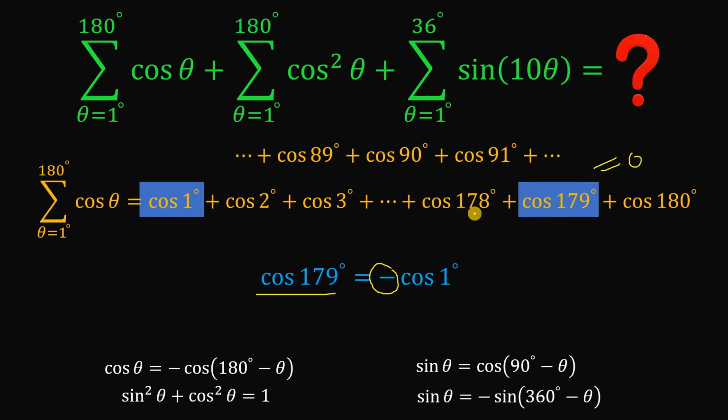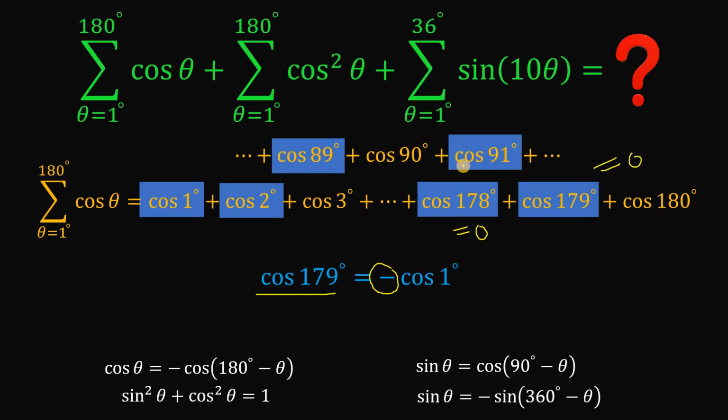Also, cosine 2 degrees and cosine 178 degrees is also equivalent to just 0 when we add them, because cosine 178 degrees is the same thing as negative cosine of 2 degrees. And also, cosine 3 degrees and cosine 177 degrees cancel out. This is just 0. All the way down to cosine 89 degrees plus cosine 91 degrees. This is just 0. Now, cosine 90 degrees is also just 0.